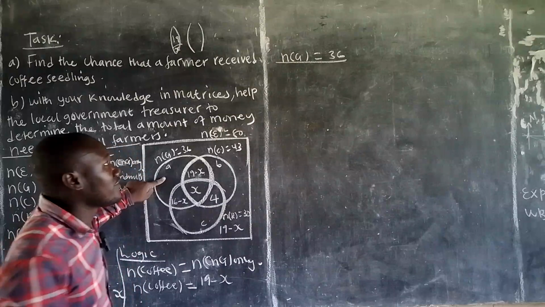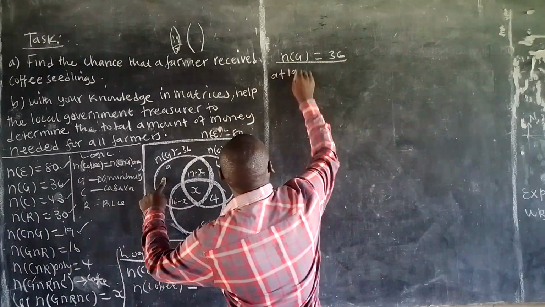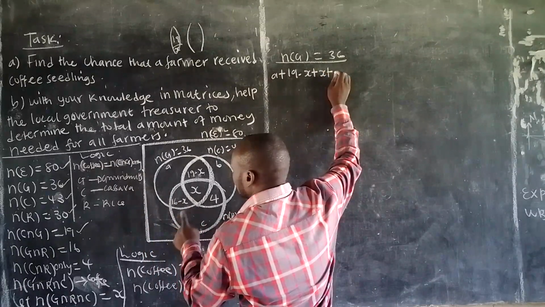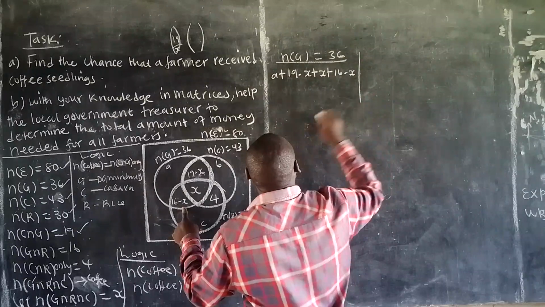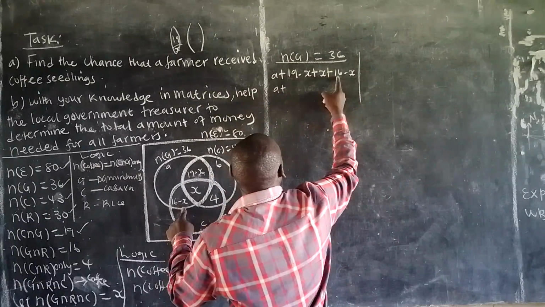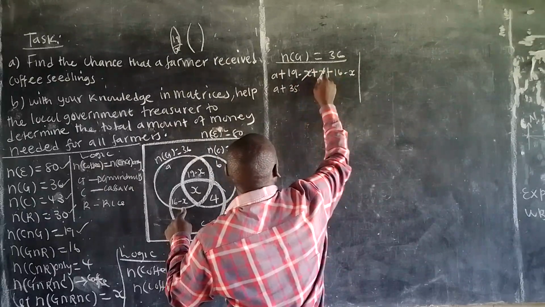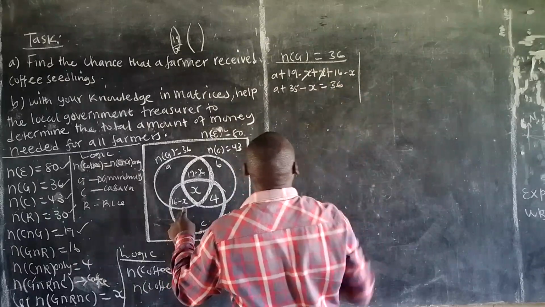In G, we have A plus 19 minus x plus x plus 16 minus x. So A plus 19 plus 16 gives 35. The x's have gone away, and you're remaining with the minus x. This all must be equal to 36.